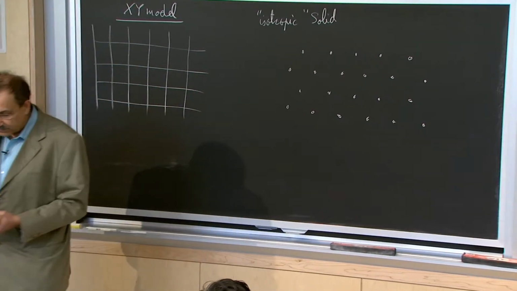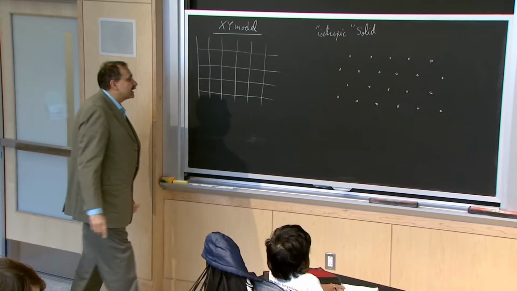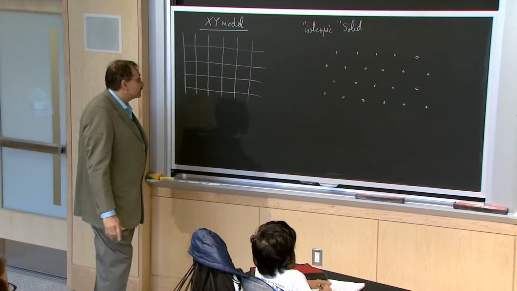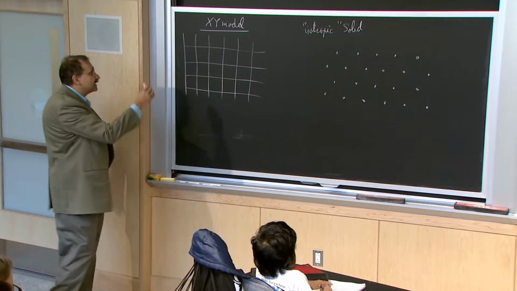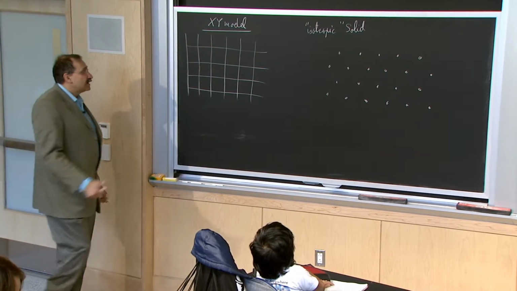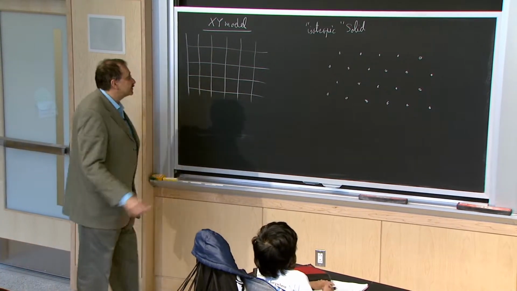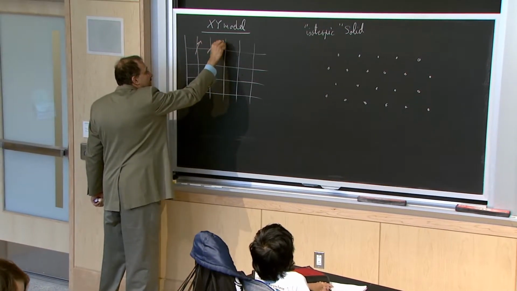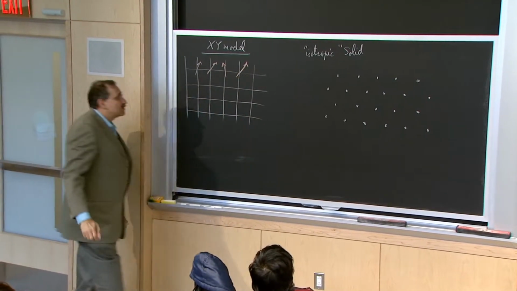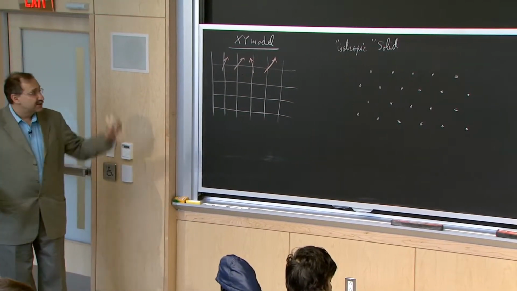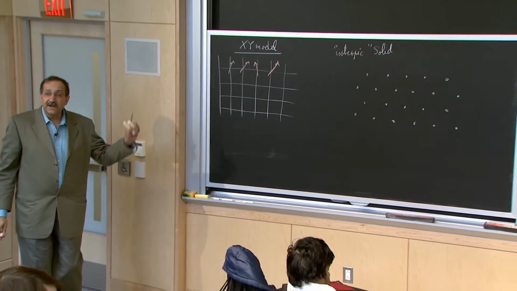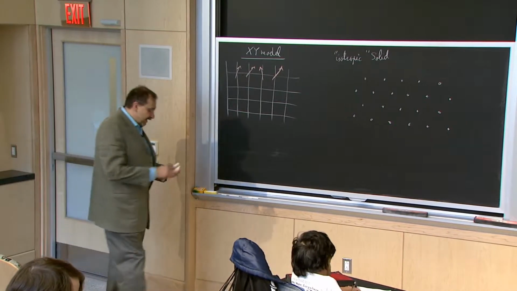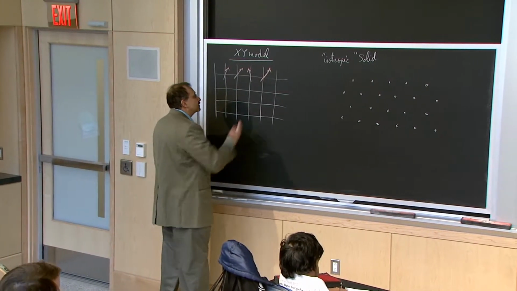What both of these systems have in common is that there is an underlying continuous symmetry that is broken. In the case of the XY model, at low temperatures, all of the spins would be pointing more or less in the same direction, potentially with fluctuations around the direction where they're supposed to be pointing, let's say the vertical, characterized by some kind of an angle, let's call it theta.